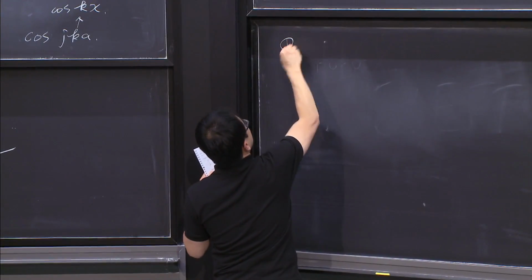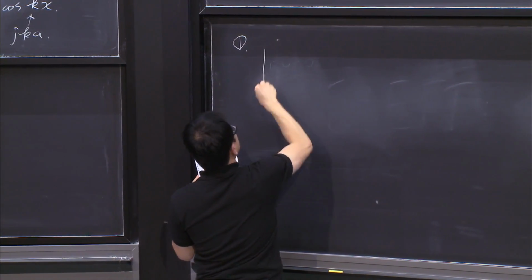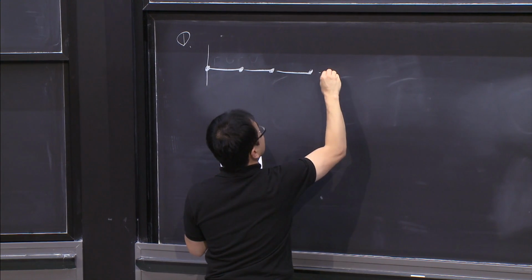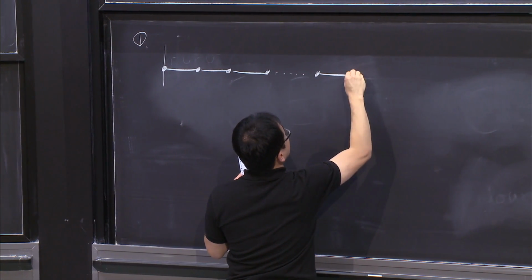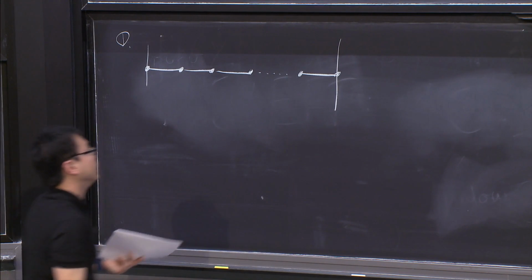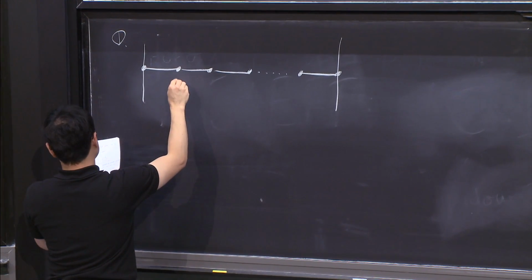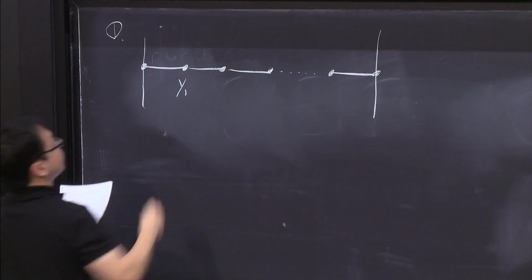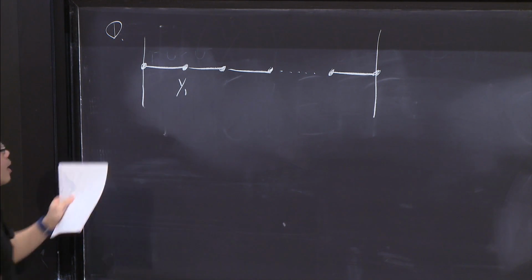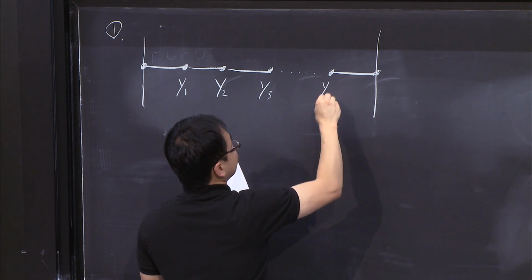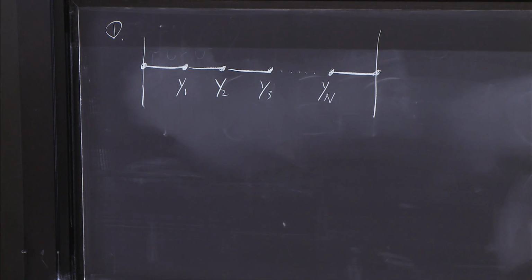So if I consider a finite system that looks like this, I have many little masses on this system, and they are connected to each other by the same strings, which I prepared before. I call the position in the y direction of this object y1, and the next object y2, y3, etc. I have n objects in this system, and both ends of the string are fixed on the wall.